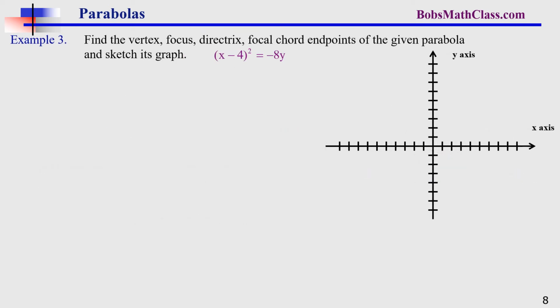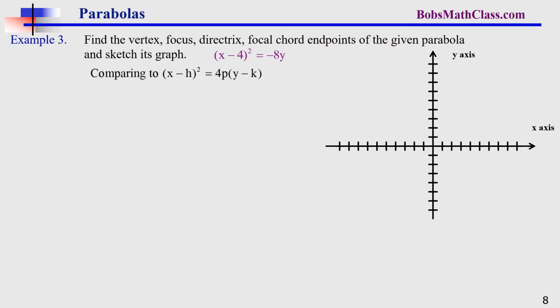Okay, here's another example. Find the vertex, focus, directrix, endpoints, and sketch. First step is compare it to the standard form: (x minus h) squared equals 4p times (y minus k). What's our h and what's our k? Right, the h is 4 and the k is 0 because there's nothing in parentheses there.